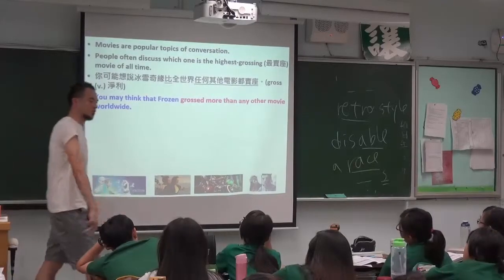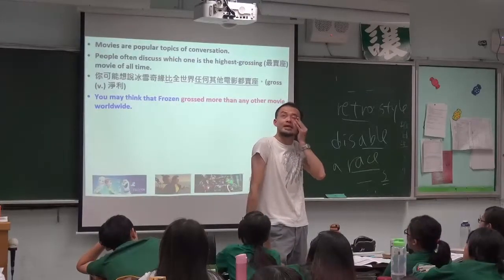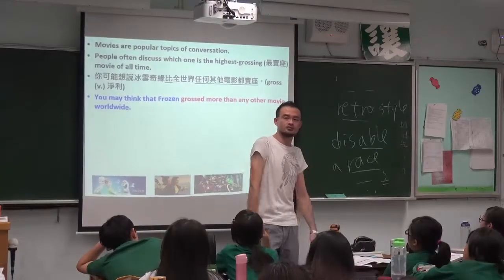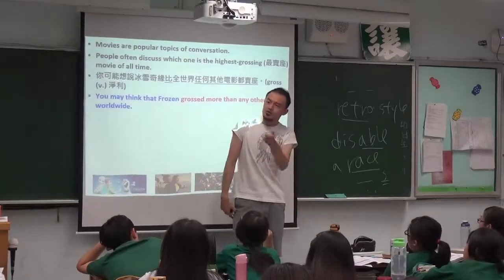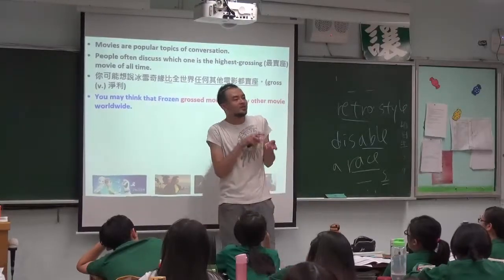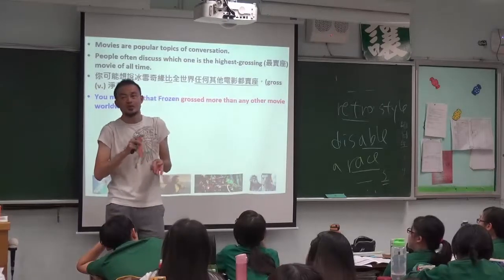But before I show you the answer, which one do you think to be the best-selling movie? Which one do you think to be the highest-grossing movie of all time? A movie you watched before when you were in elementary school. Because I did the math. And based on your age right now, you are 15 or 16 years old.